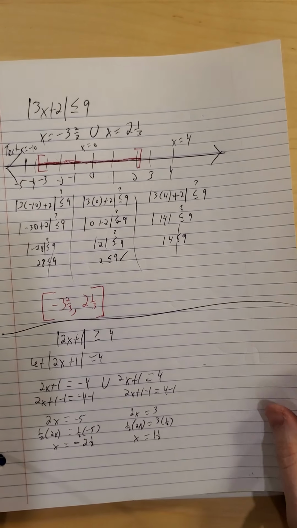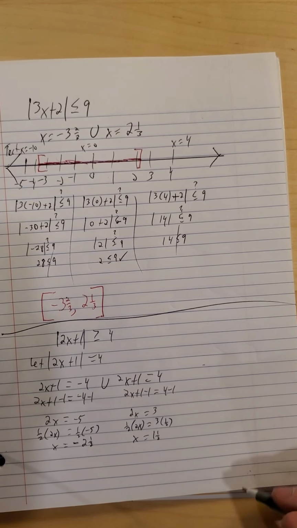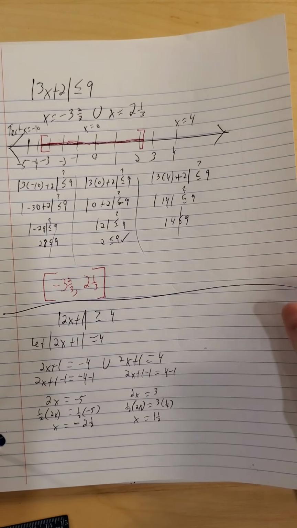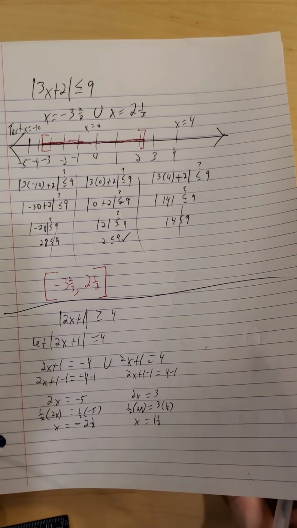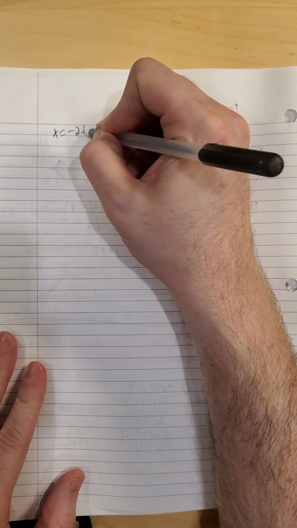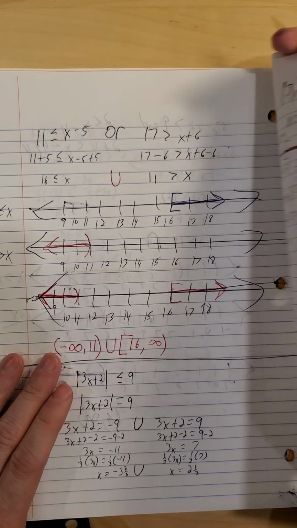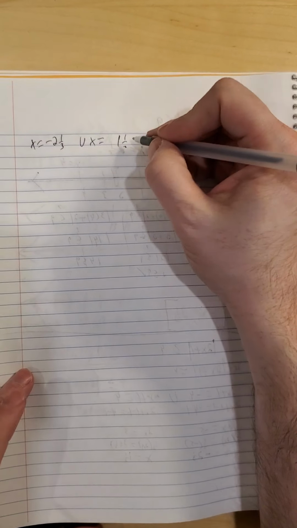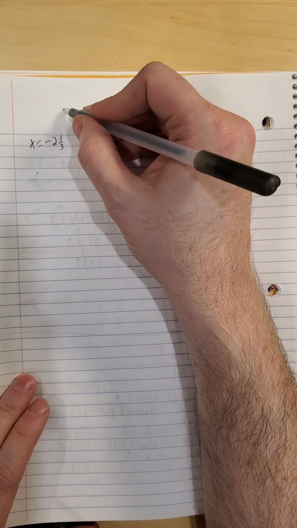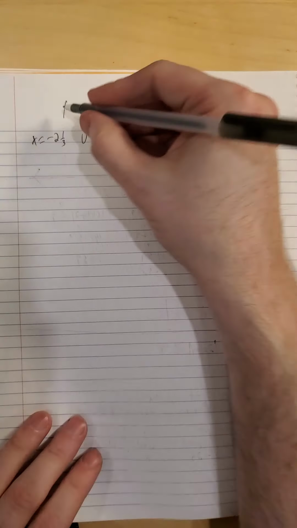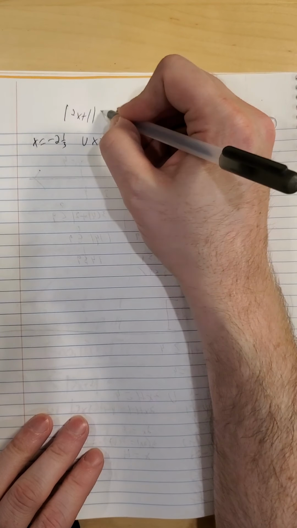All right. So let's see. Yeah, we'll just get our relevant stuff onto the next page. So negative 2 1/3, positive 1/3. And our original inequality, absolute value of 2x plus 1 is at least 4.